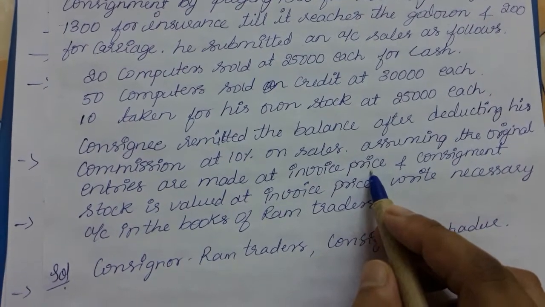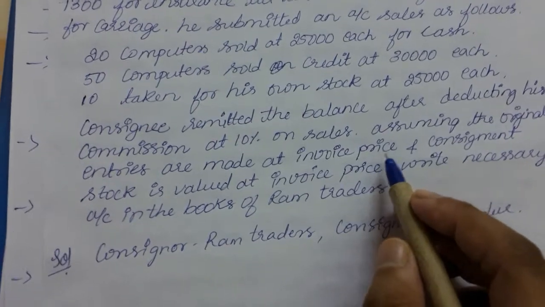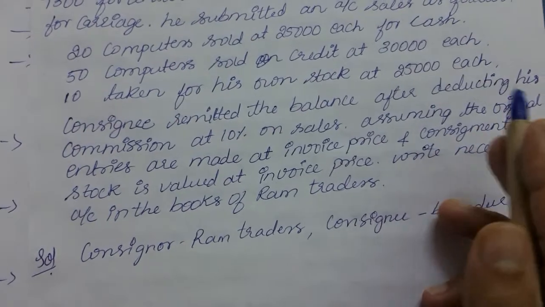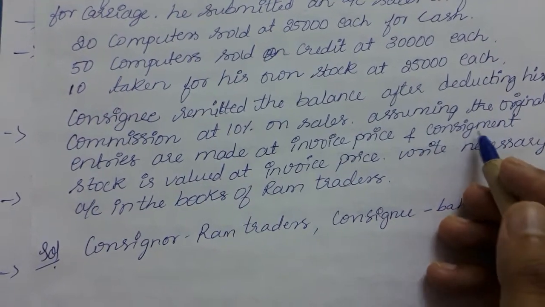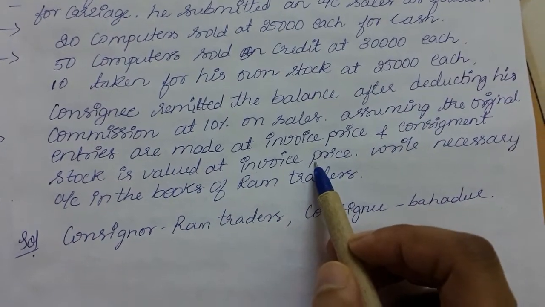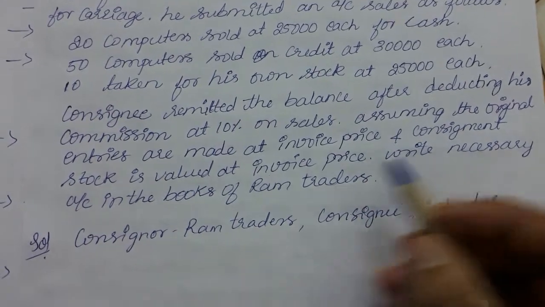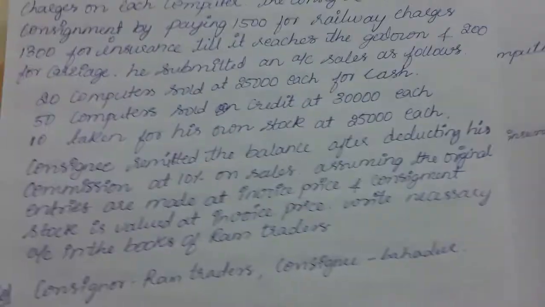So the proforma which the consigner is sending to the consignee is at invoice price, that is cost plus profit price, and even the consignment stock is valued at invoice price. Write the necessary ledgers in the books of Ram Traders. Done. So this is about the question.